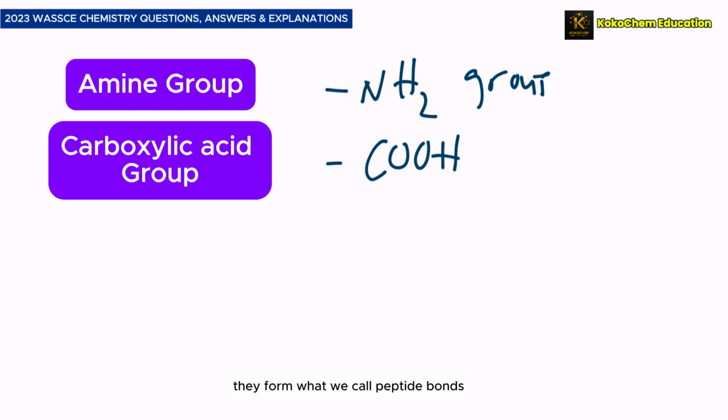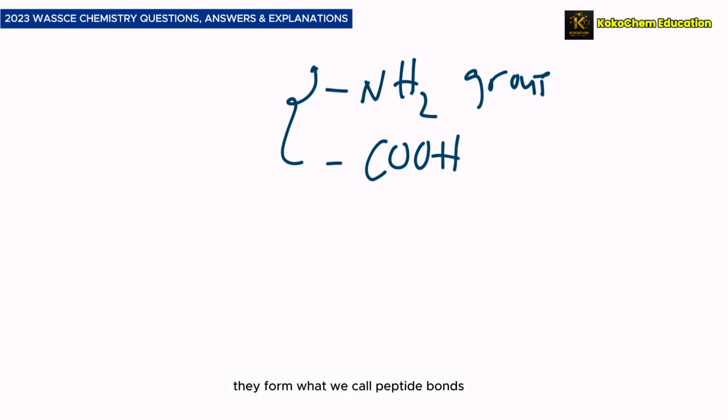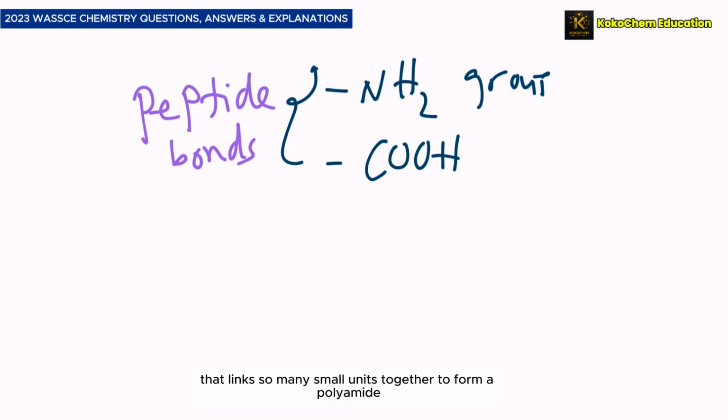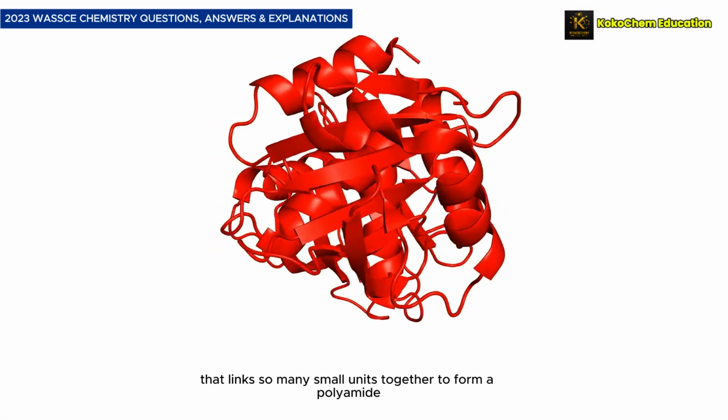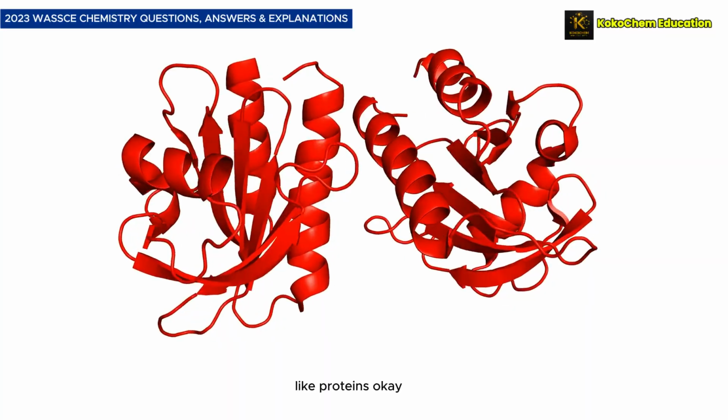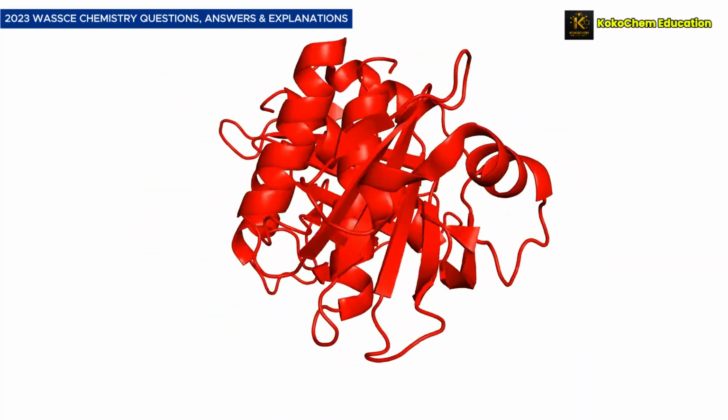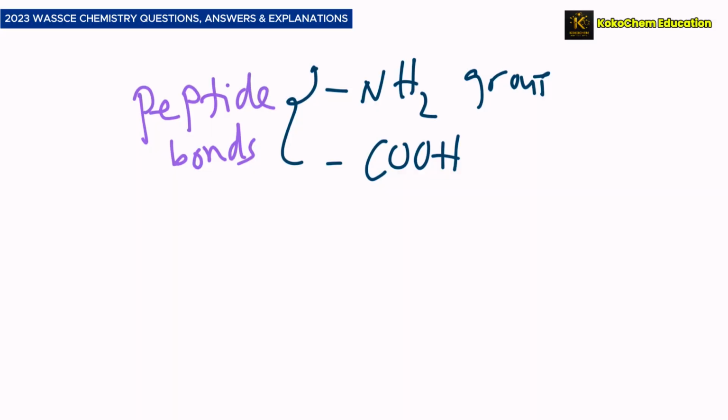When these two functional groups join together, they form what we call peptide bonds. A peptide bond is a type of amide linkage that links many small units together to form a polyamide like proteins.